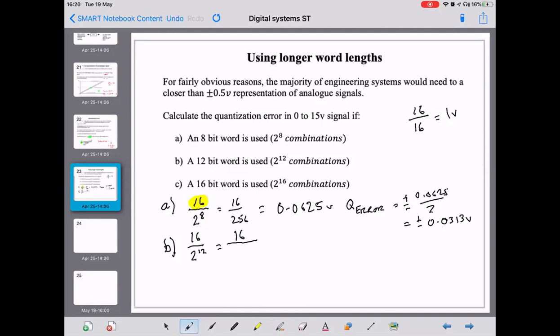Okay, so that'll be 3.90625 times 10. That's not going to be bigger than this one. That's 4,096 combinations.